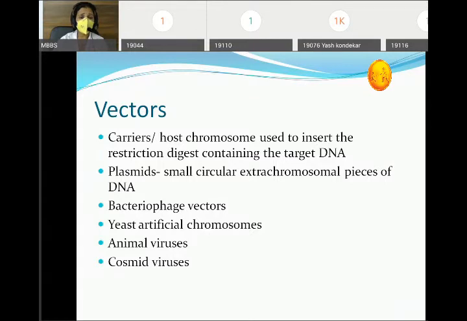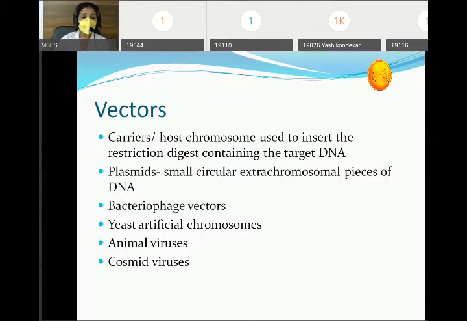The vectors. What are vectors? Vectors are the carriers or the host chromosome which are used to insert the restriction digest containing the target DNA. So this target DNA is inserted into this host chromosome, the carrier. Which are these vectors? Number one is plasmid. Plasmid is the most commonly used vector.